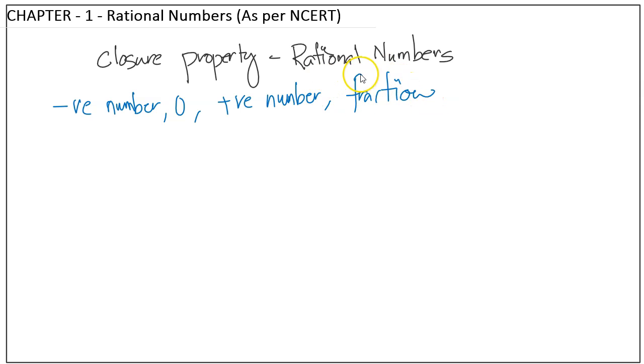So all these numbers are part of rational numbers. Now let's do the same thing, addition. Under addition rational numbers will be closed, because anyway we have seen it already and we can visualize it now, right?